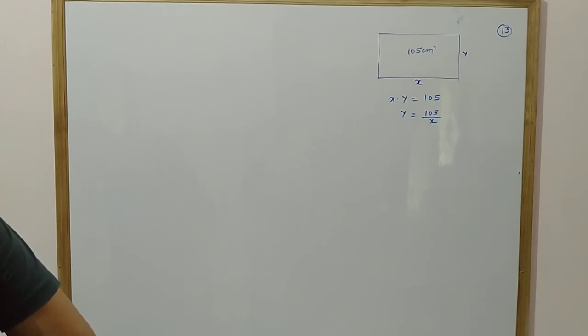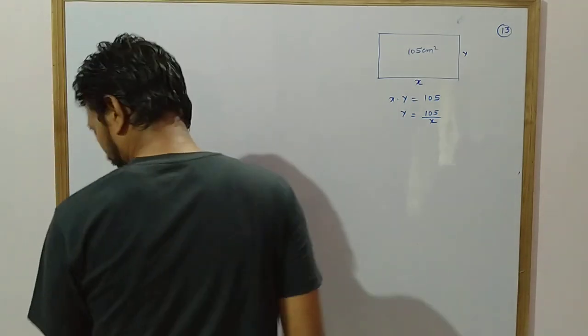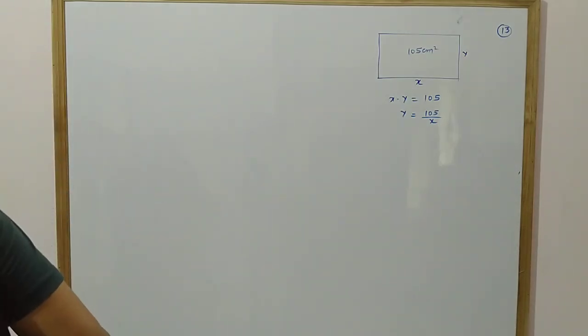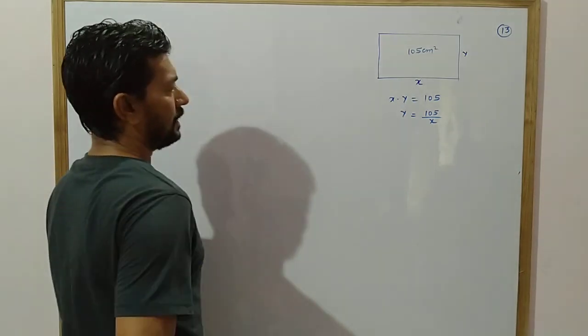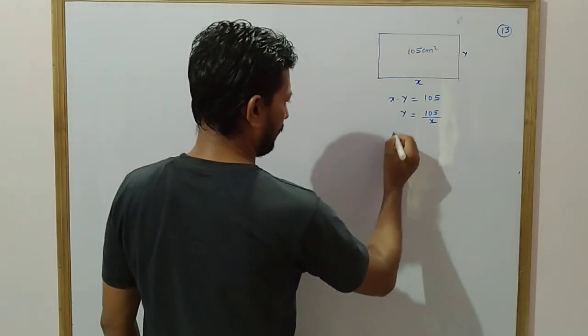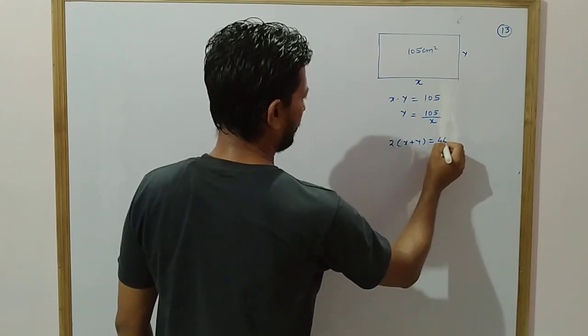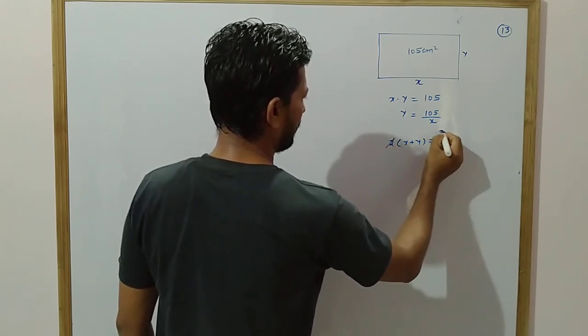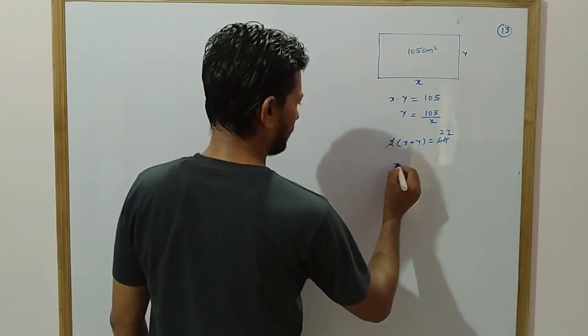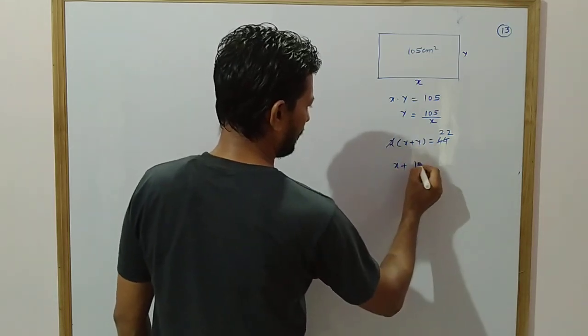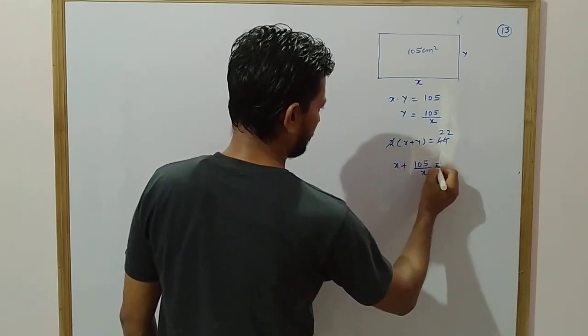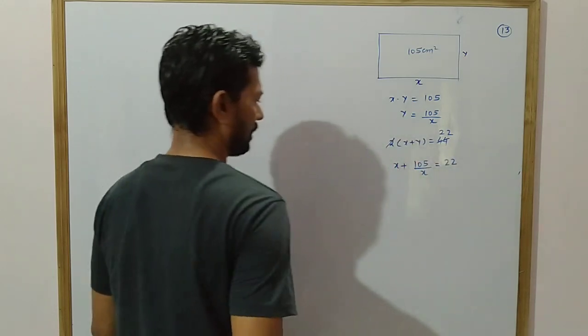Given that the perimeter is 44, write down an equation in x and solve to determine the dimensions of the rectangle. The perimeter is given as 44. So 2 into (length plus breadth) equals 44, which is 22x. y can be written as 105 by x, equal to 22.